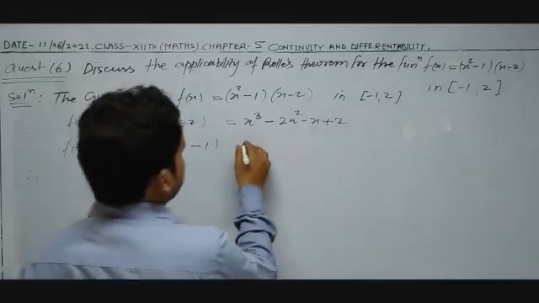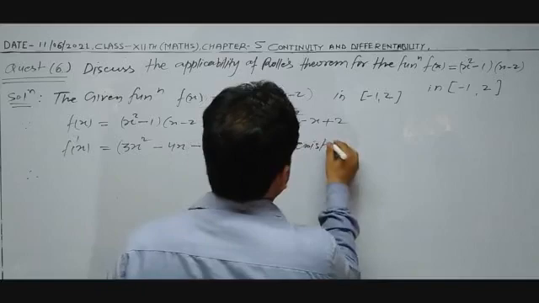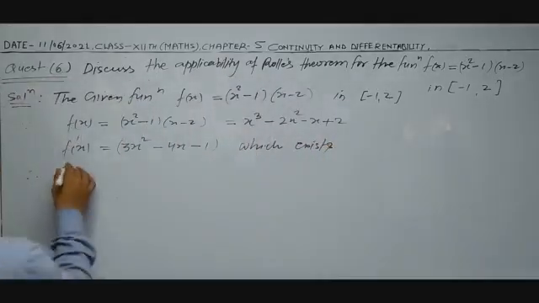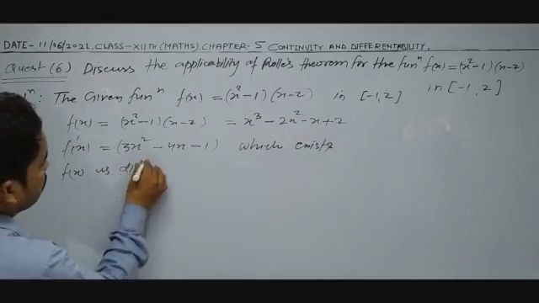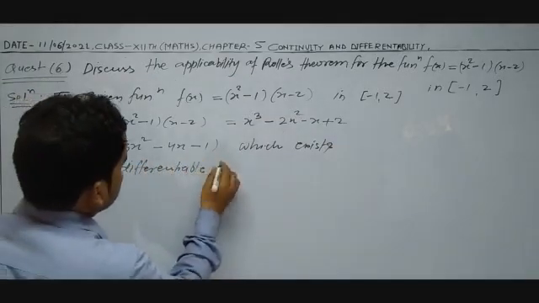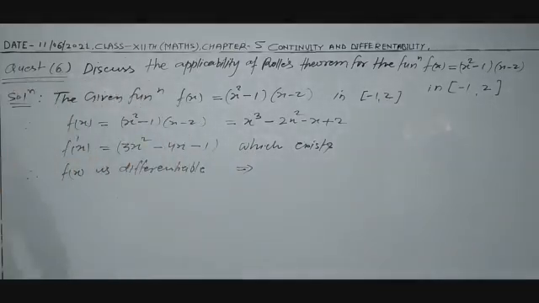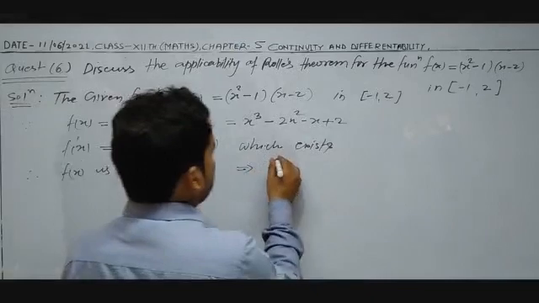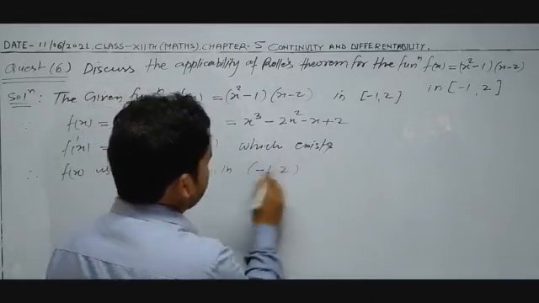So f'(x) exists, therefore f(x) is differentiable. This implies f(x) is continuous. f(x) is differentiable in the open interval −1 to 2.